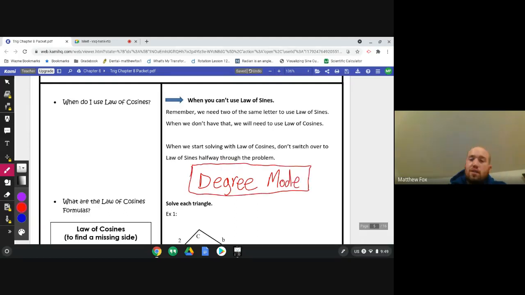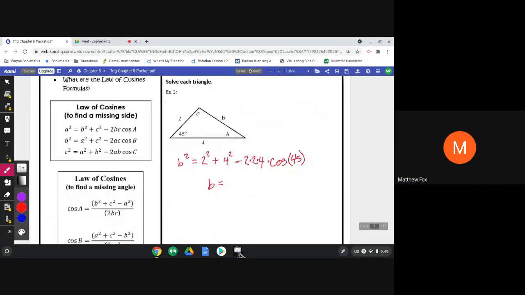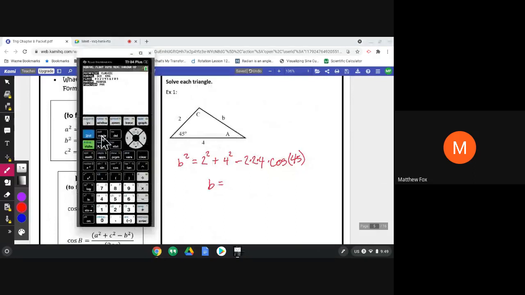It's really hard for me if you're not in degree mode to know what you did, because your answers will be all over the place. So to get to degree mode, go to mode, go down, go over to degree, hit enter. Then I can hit clear, and we're good.